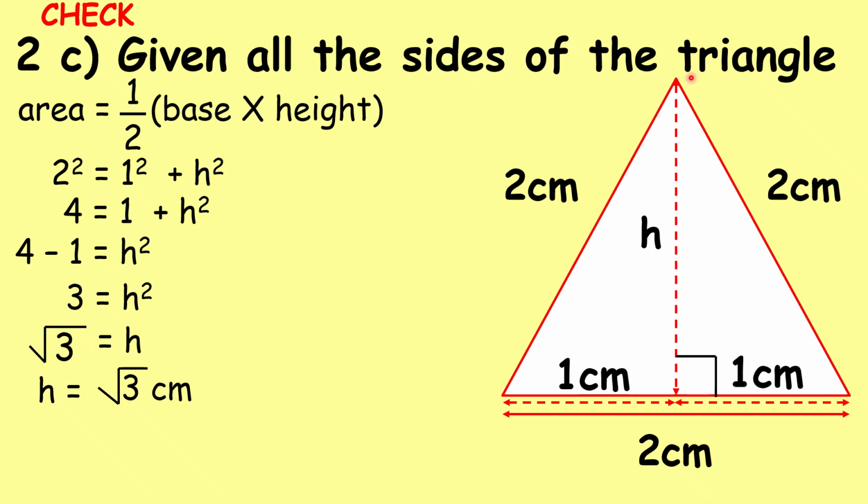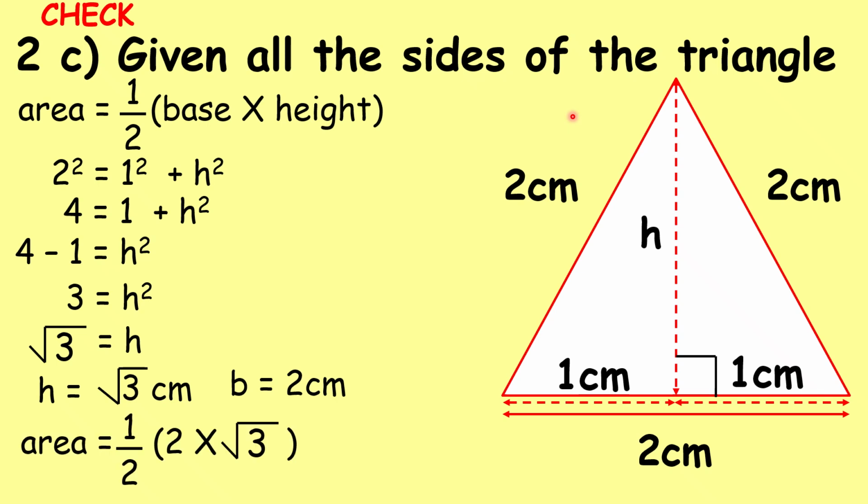So we succeeded in calculating our h, which is the height, and we know our base, which is b, as equal to 2. Therefore, we can use this formula, area, which is half base times height, to calculate the area of this particular triangle. So half times the base times the height, these 2 will cancel these 2, and then we have root 3 centimeters squared.